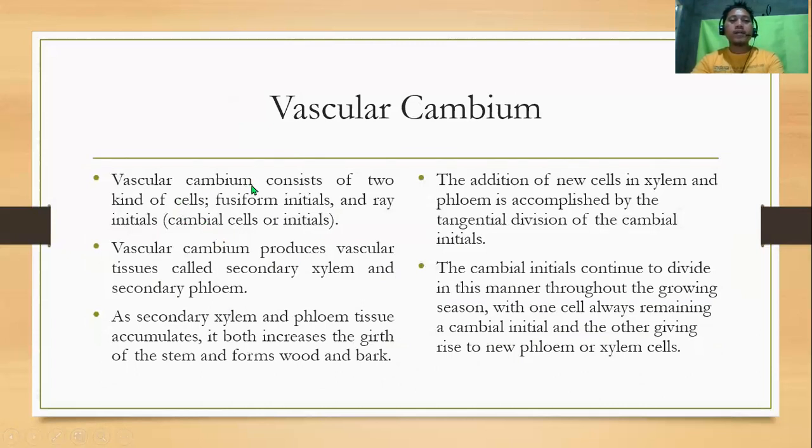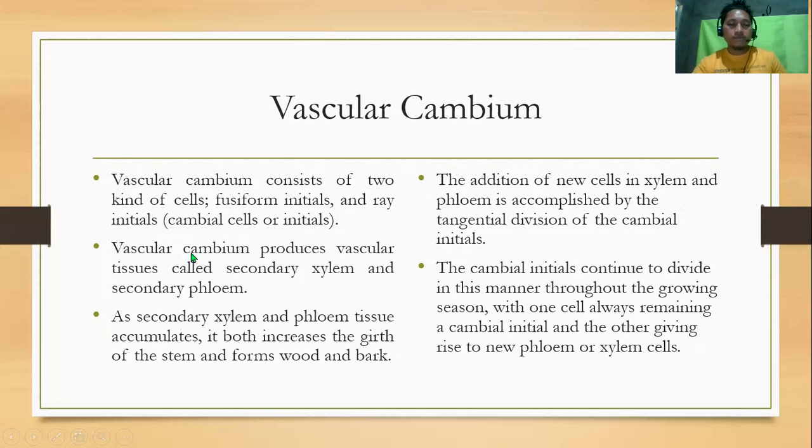Vascular cambium consists of two kinds of cells, just like I said, the fusiform initials and the ray initials, also called cambial cells or cambial initials. Vascular cambium produces vascular tissues called secondary xylem and secondary phloem.